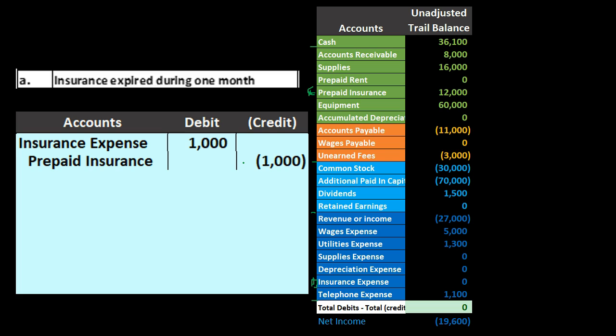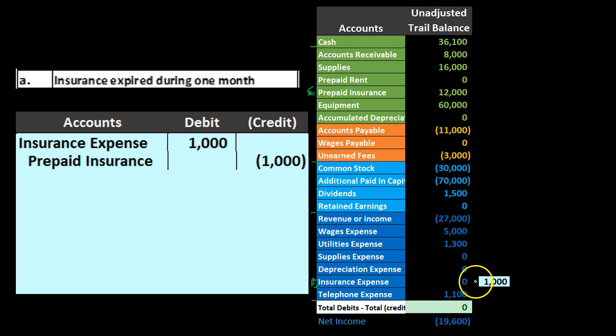Now again, we're going to do this in a little worksheet so we can really see what happens. What do we think it should do? We think that the insurance should go up by 1,000, bringing net income down. We think that the prepaid insurance should go down by 1,000, leaving 11 months left, or 1,000 times 11, 11,000. So here's the insurance.